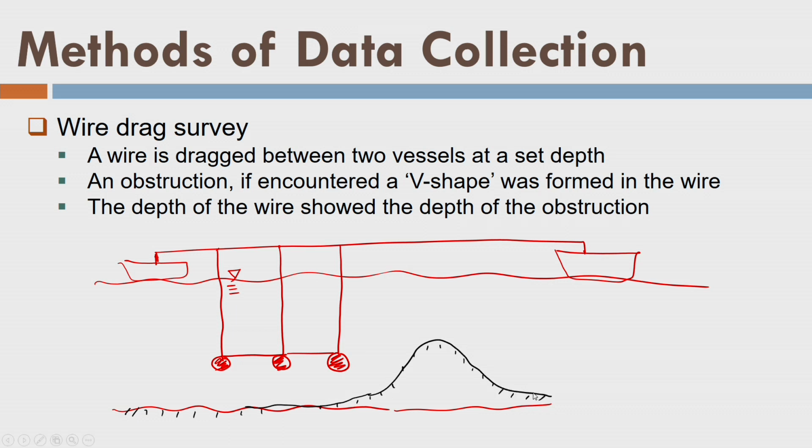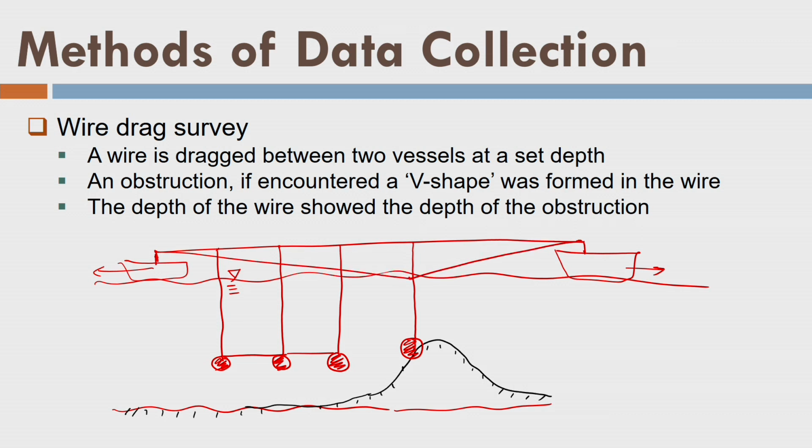What will happen the moment we suspend the wire here? It will interact here at this less height. Fine. Now, as two ships move, what will happen? The catenary or the straight length of the wire drag will be made like this, and there will be a V shape here at this point.